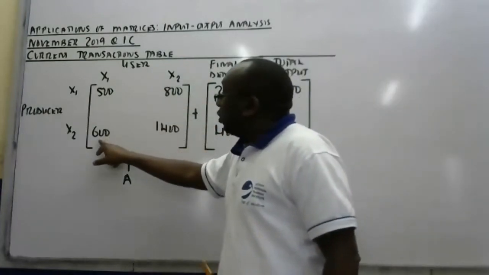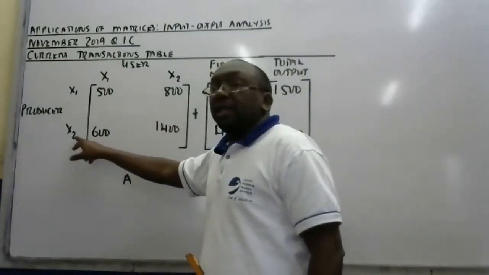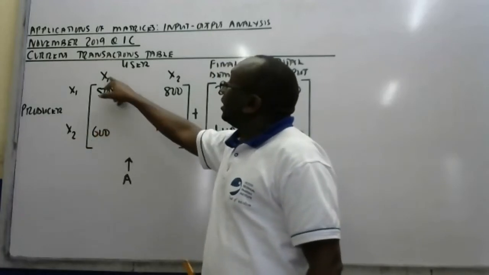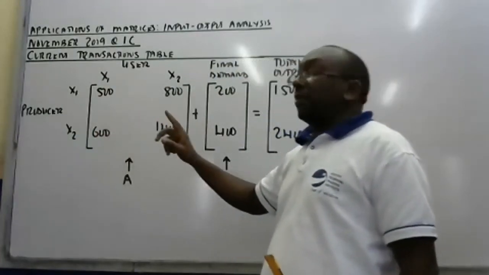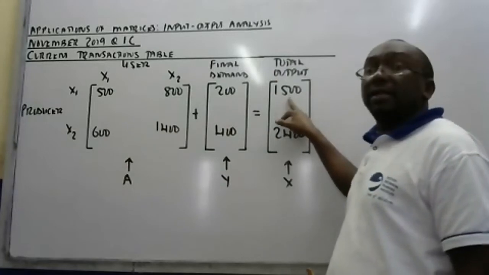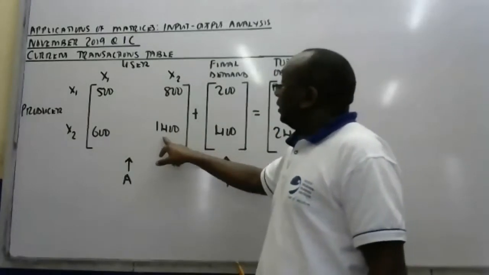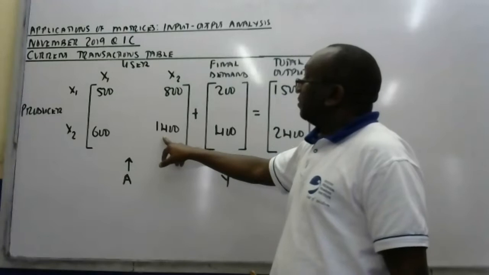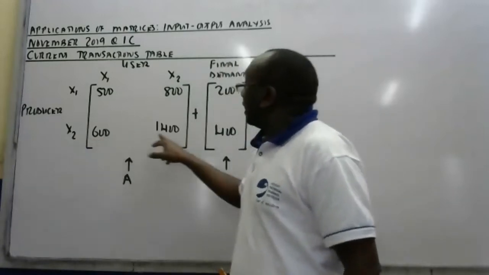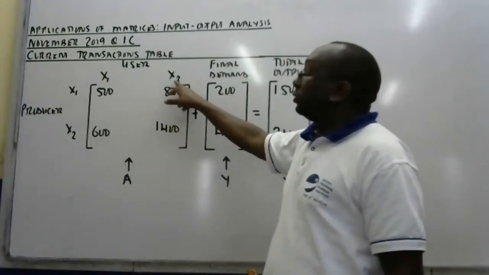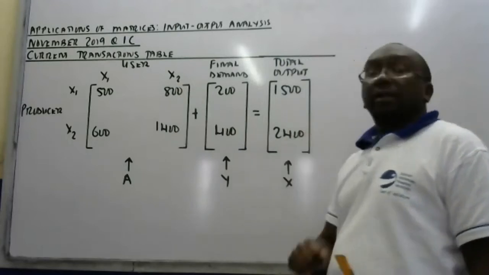This one is the output from sector 2 that goes to sector 1 so that sector 1 can make 1500. This one is the output from sector 2 that goes to sector 2 so that sector 2 can make 2400.